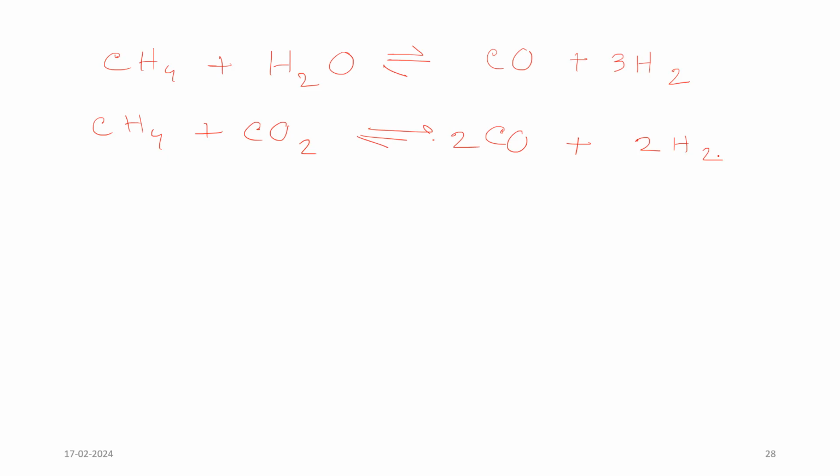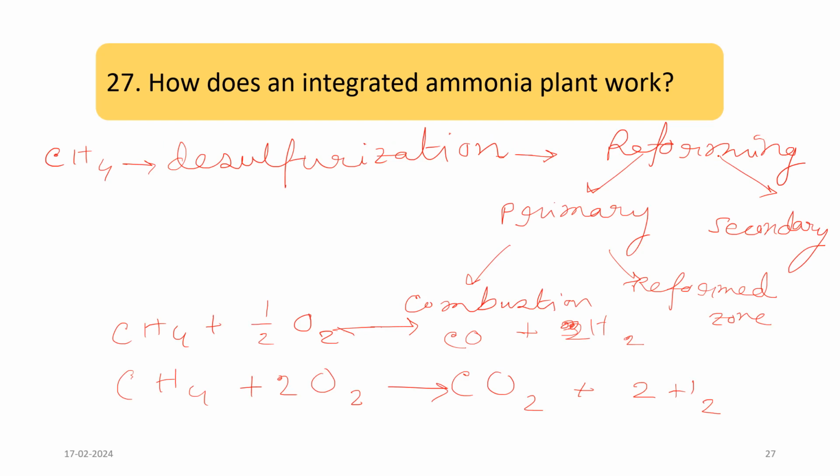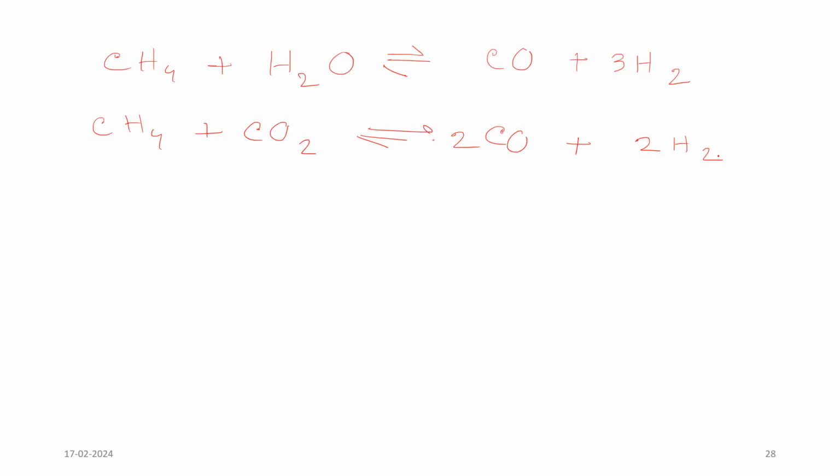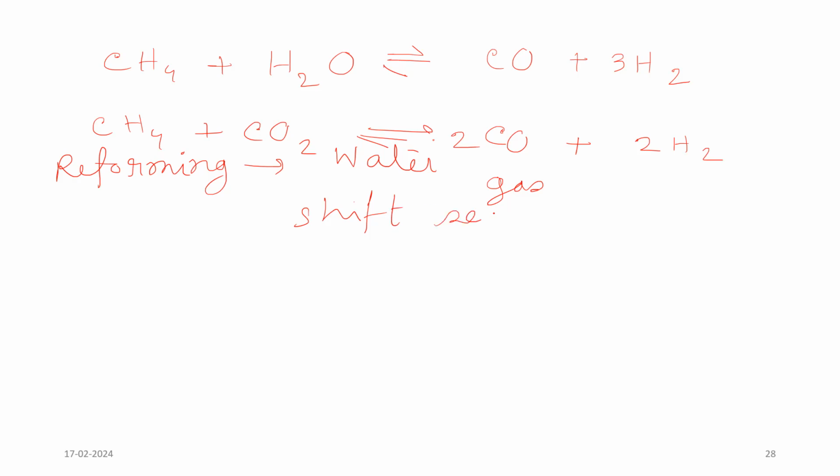So here we have seen that first is a desulfurization section for removing sulfur, then comes a reforming section to produce hydrogen, then after the reforming section comes the water gas shift section.